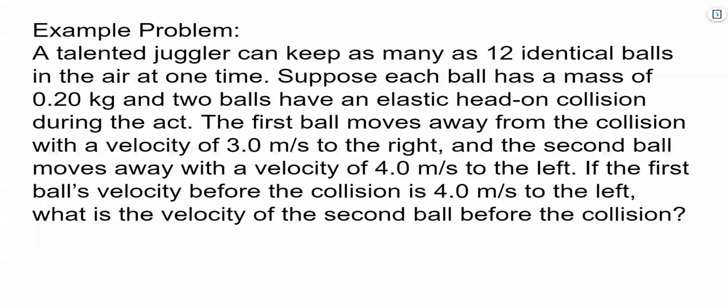The first ball is going to move away from the collision with a velocity of 3.0 meters per second to the right, and the second ball is going to move away with a velocity of 4.0 meters per second to the left. If the first ball had a velocity of 4.0 meters per second to the left before the collision happened, then what is the velocity of the second ball before the collision?